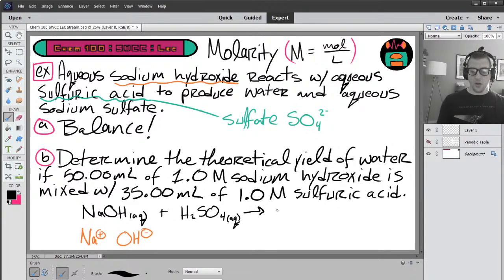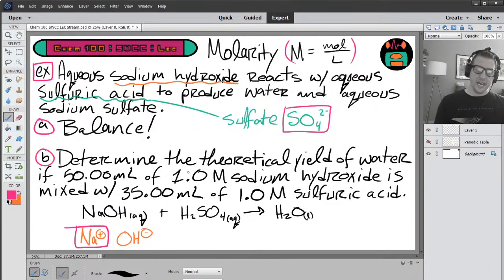Now our products are water, H2O, which is a liquid. That wasn't explicitly stated, but we're in an aqueous medium. You can't have aqueous water. It's just pure liquid. And then sodium sulfate. Now here we have to pair our positive sodium ion with our negative sulfate ion. And because we're +1, we're going to need 2 sodiums to balance with sulfate's charge of -2.